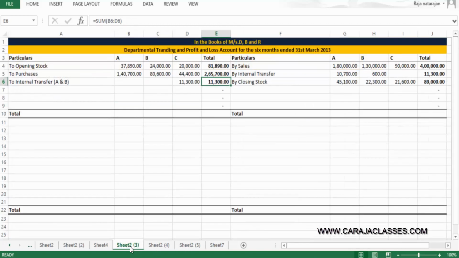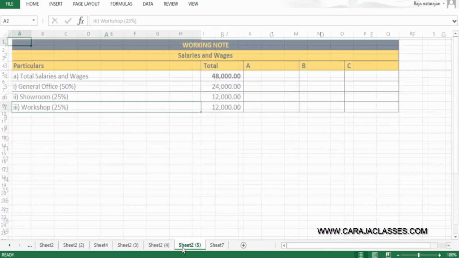Now we are in this trading account and we are trying to close this account. So one item which can possibly come in this account is the salaries and wages going to department C, which is purely a tailoring department. Okay, let me do the allocation.